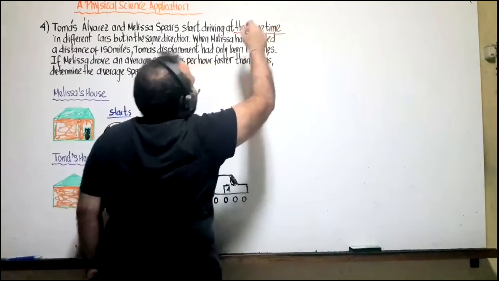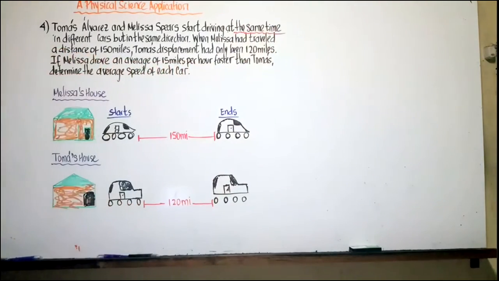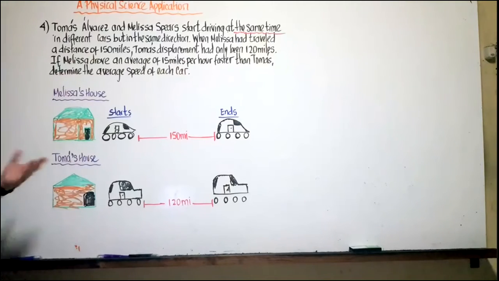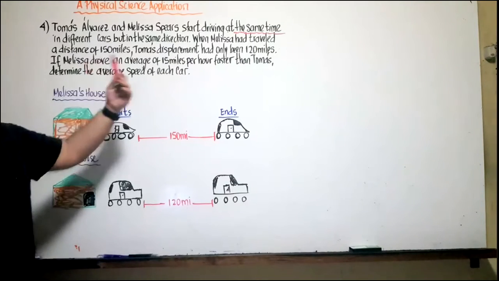What does that mean? That means the time Melissa spends is equal to the time Thomas spends to reach the final destination, in simple words, because the problem mentioned they start at the same time.